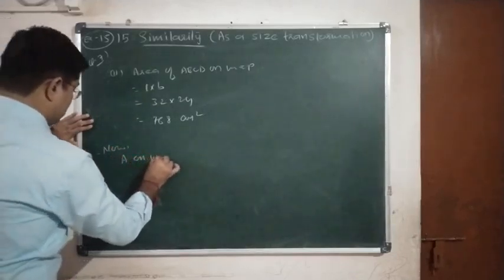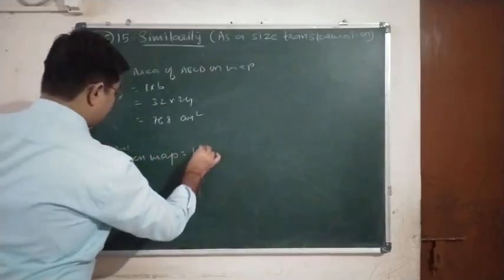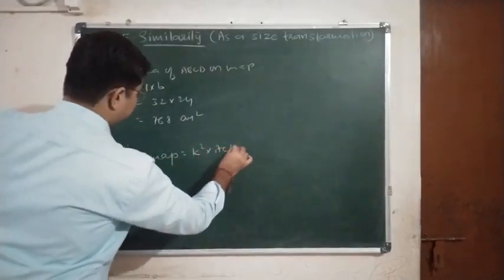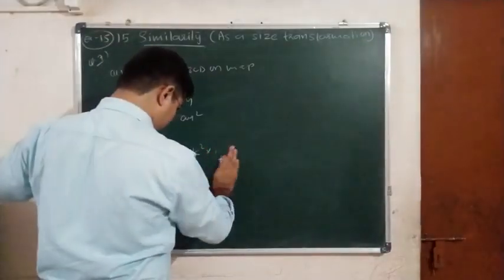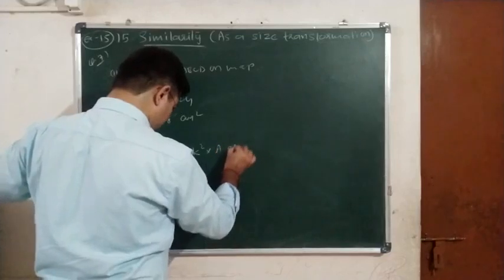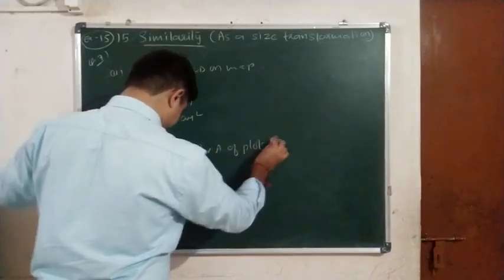Area on map is equal to k square into actual area or area of plot.